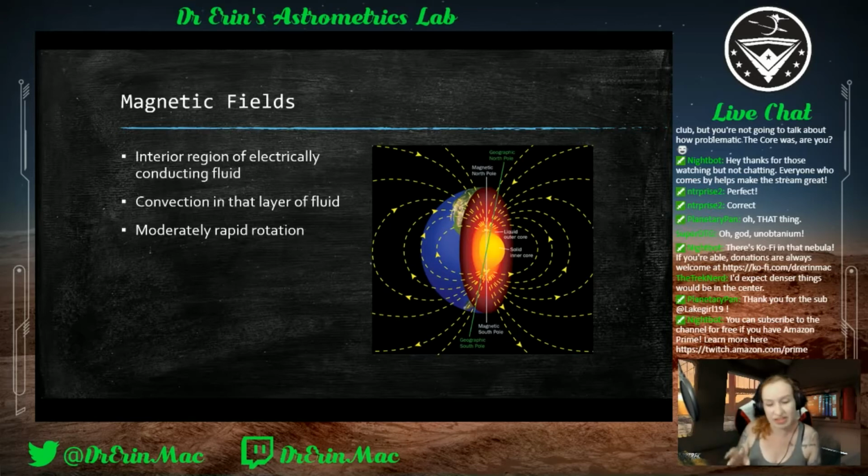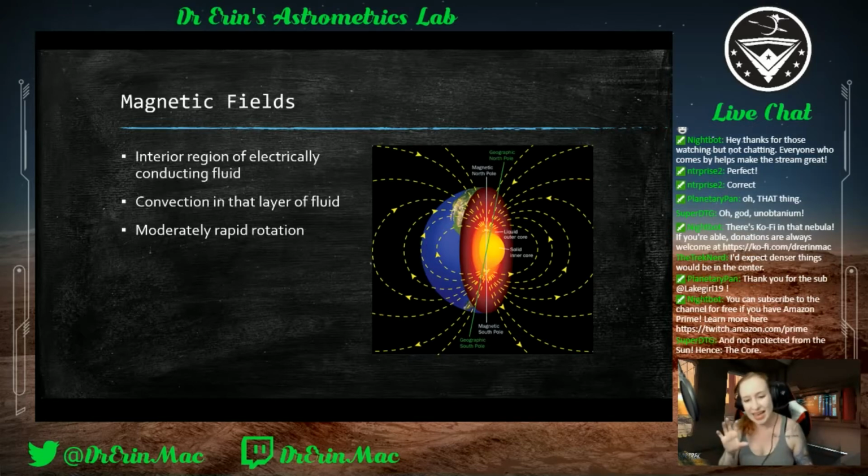You need convection in that layer of fluid, so it can't all be one temperature. You have to have it hotter toward the center, cooler toward the top, to drive that process. So it has to be liquid so it can actually move. Then there has to be a temperature differential so it can go through a convection process. And it has to be moderately rotating, which can also drive some of those dynamic changes.